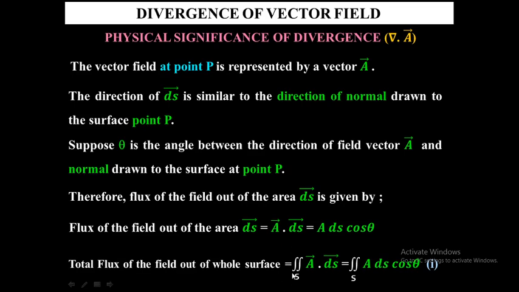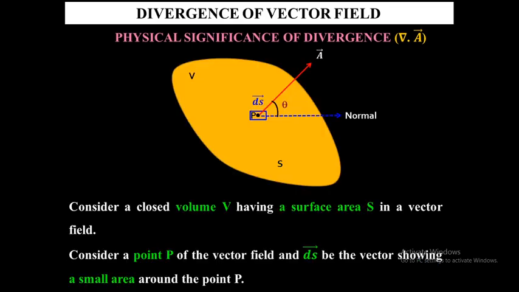Now I am showing this diagram again, and we will assume this volume is very small. If the volume is very small, it is concentrated to a particular point, so all field lines are diverging from that point.